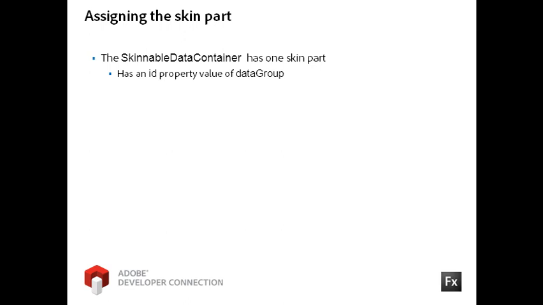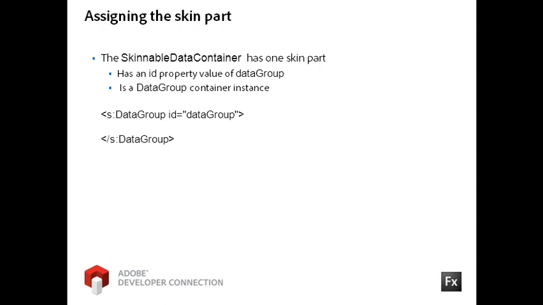Remember from the previous videos that the application container has one skin part named content group that represents all the content in the container. The skinnable data container likewise has one skin part, but its name is data group, and it is an instance of the data group container. It represents all the content in the container. In my example, that would be all the employees displayed via the item renderer.